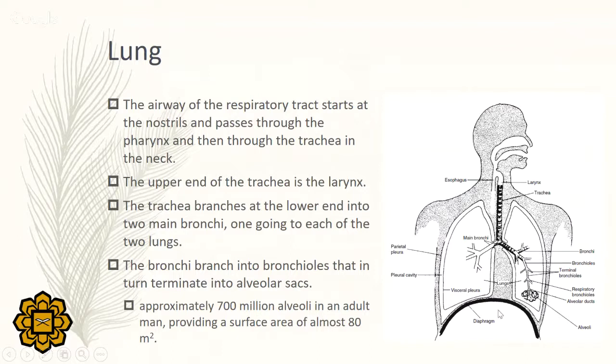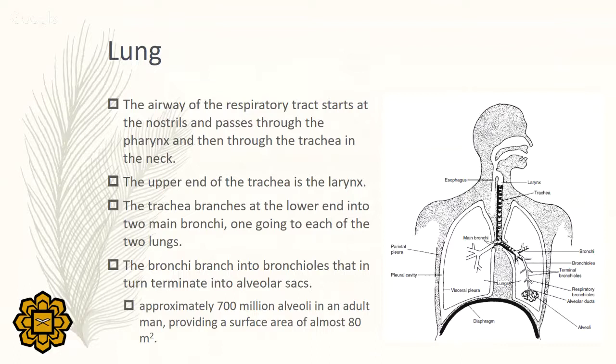Okay, the bronchi will branch into bronchioles. These are much smaller branches. And then the ends of the bronchioles have the alveolar sacs. In an adult, you have about 700 million alveoli. These alveoli provide a surface area of almost 18 square meters.